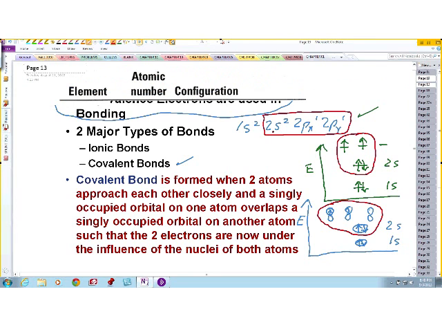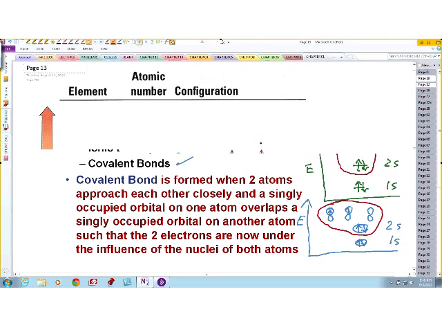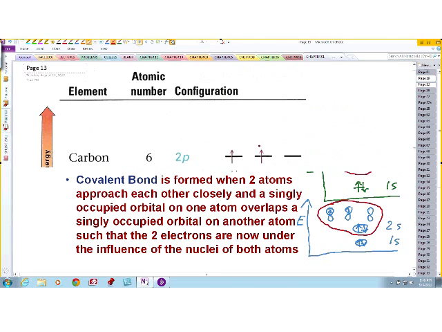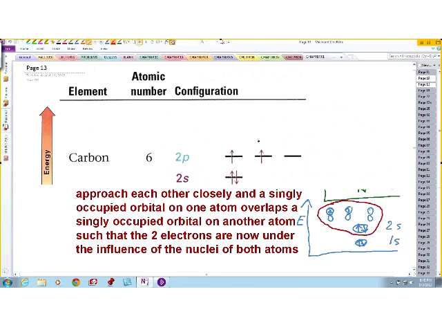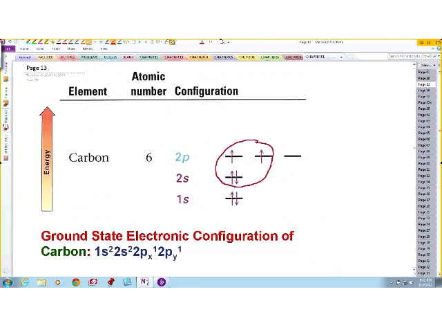Now we also know, showing you the graphical electronic configuration of carbon again, these are the valence shell. We also told you that in order for atoms to be stable, they tend to want to form chemical bonds.